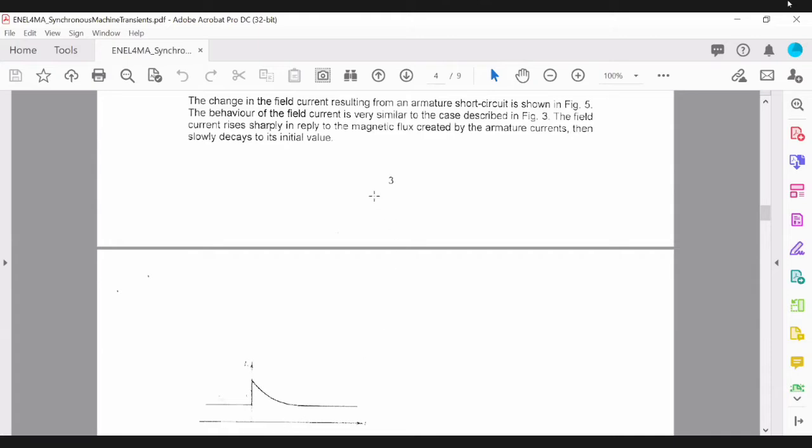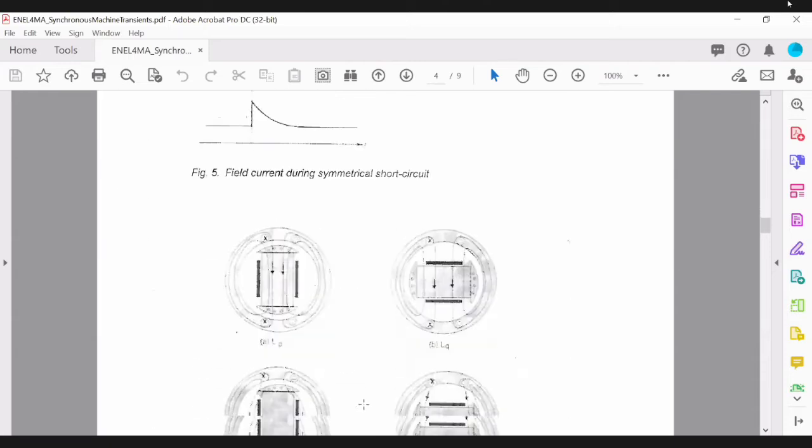The behavior of your field current following a short circuit fault is very similar to the case we've described earlier in figure 3. You'll find that the field current rises sharply in reply to the magnetic flux created by the armature current, and then it decays back to zero, back to its initial value.